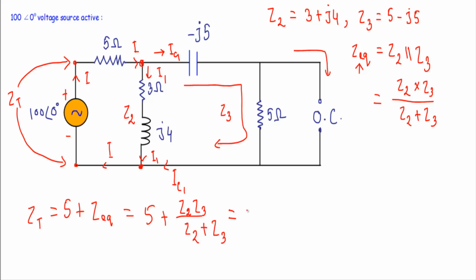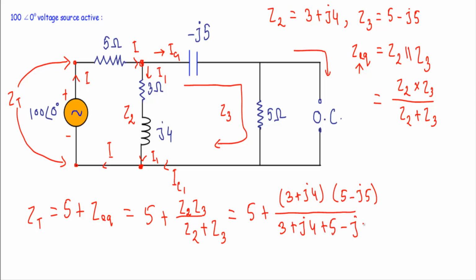Here it will be equal to 5 plus (3 plus J4) into (5 minus J5) divided by (3 plus J4 plus 5 minus J5).